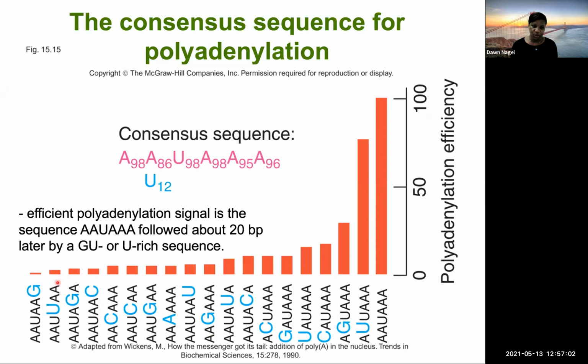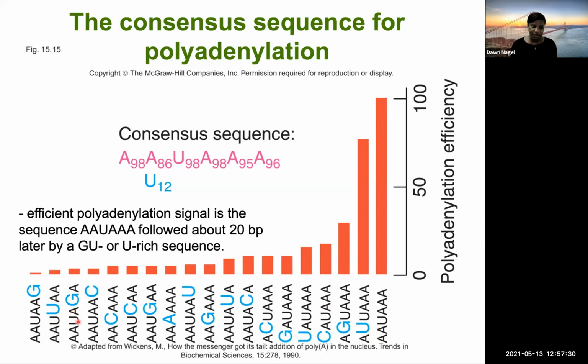So if you were to look at a group of mRNAs and look at features downstream of the last exon for most of these mRNAs, you can see this is what we call a consensus sequence, right? It's consensus because you're having very shared sequences across multiple different transcripts.